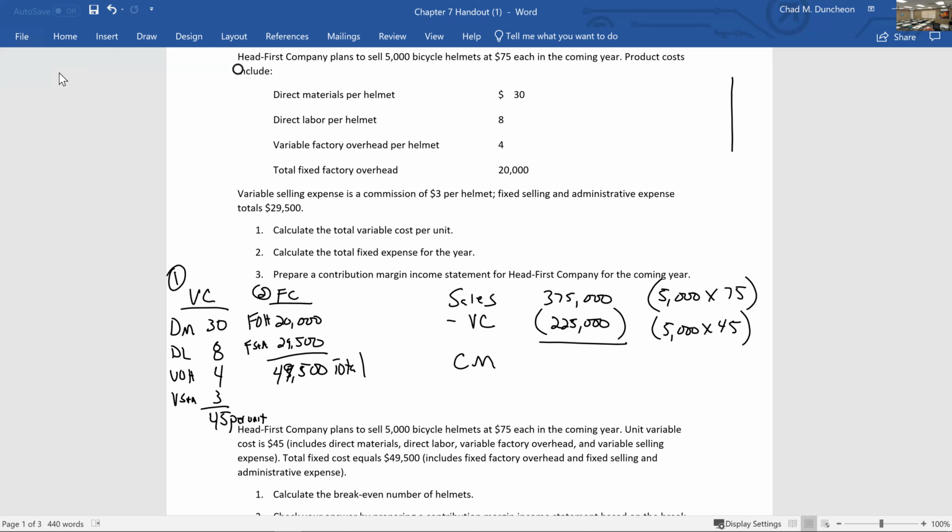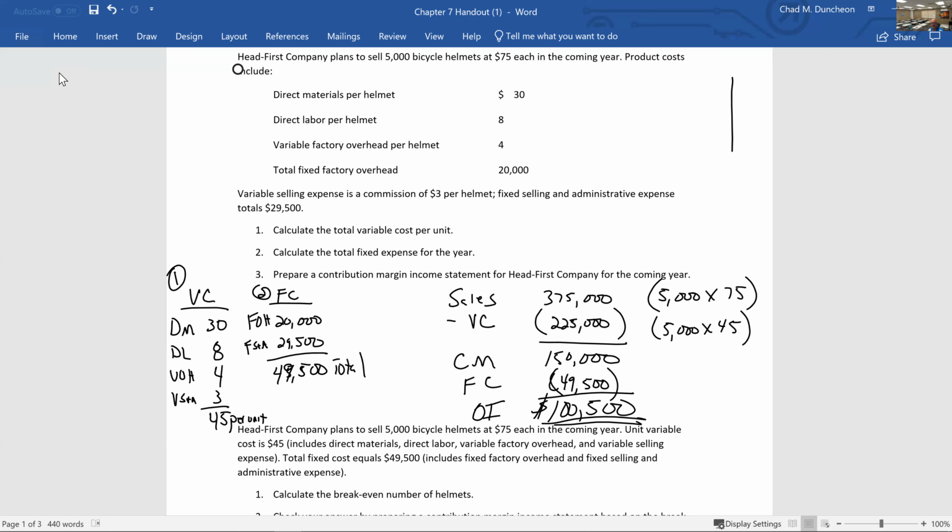That gets us our CM, our contribution margin, of 150,000. From there, we subtract out our fixed costs, 49,500, to get us operating income of $100,500. And that was the answer that we were looking for there.